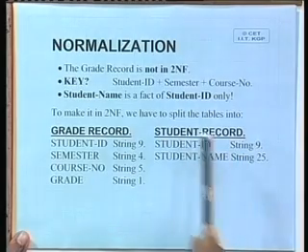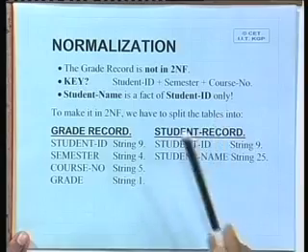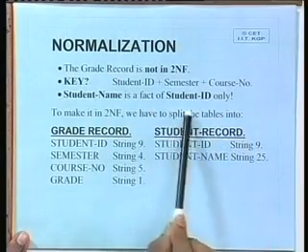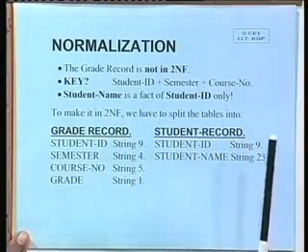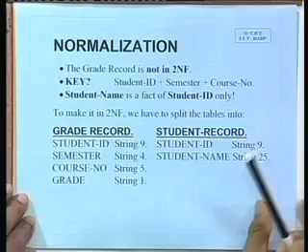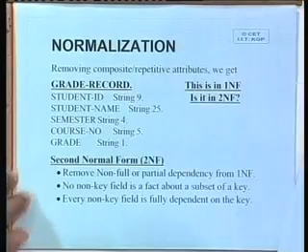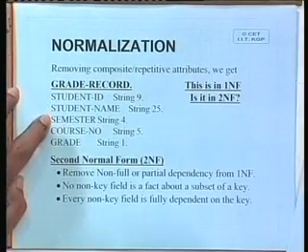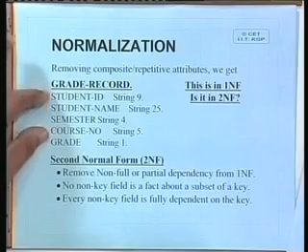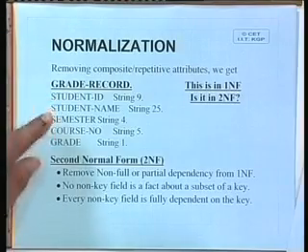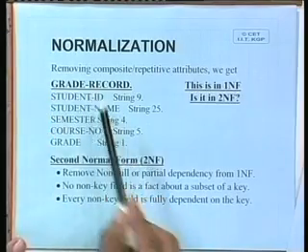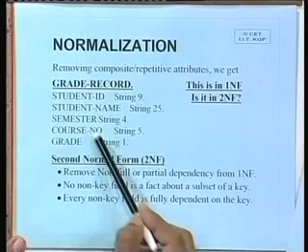Alright. So, the grade record is not in second normal form, since student name is a fact of student ID only. Here we have the student ID, semester and course number, all three are in this particular example. You see student ID, semester, course number, that will be the key.